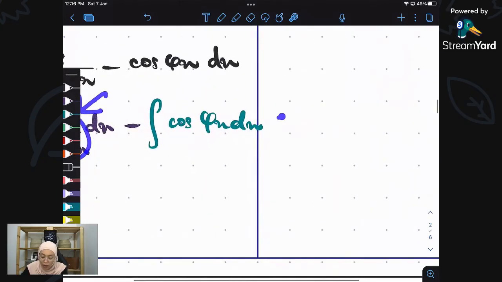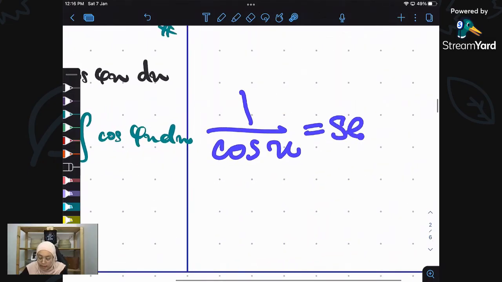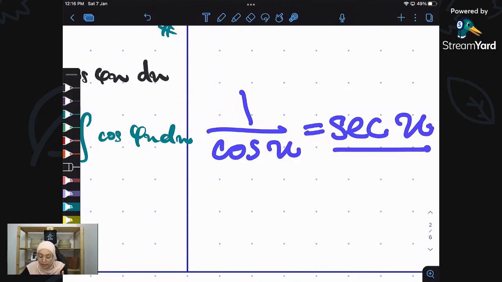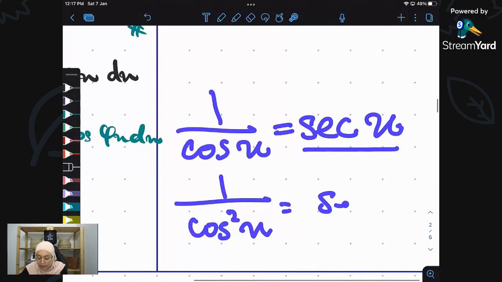So we know that 1 over cos x is actually secant x. Okay, you should know this already. This is basic knowledge from chapter 7 last semester. 1 over cos x is secant x. Tapi kalau saya letak 1 over cos squared x, sini akan automatic jadi secant squared x.